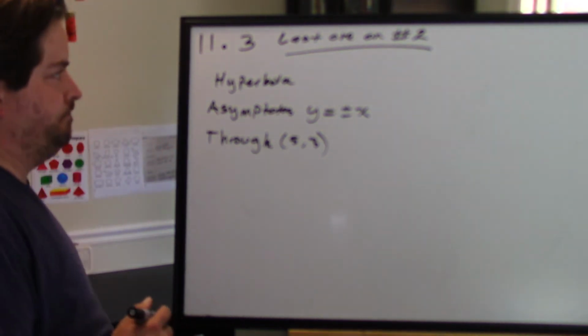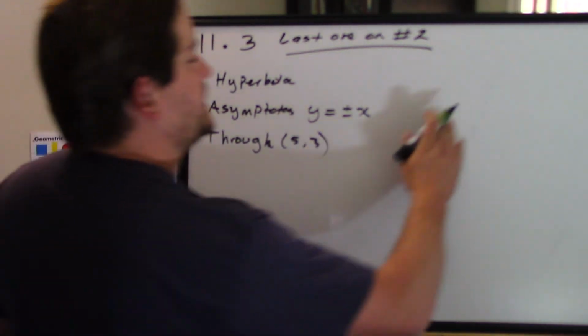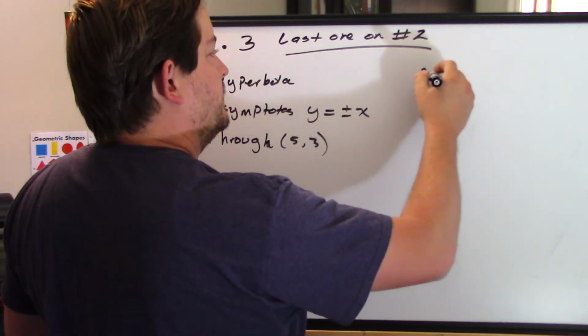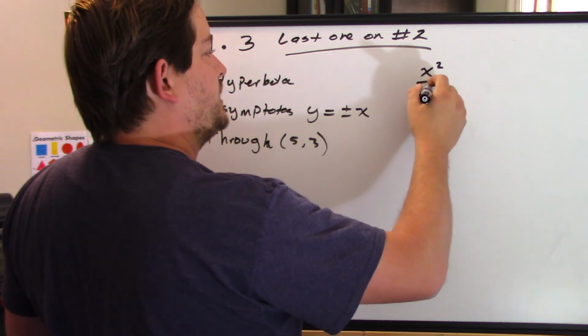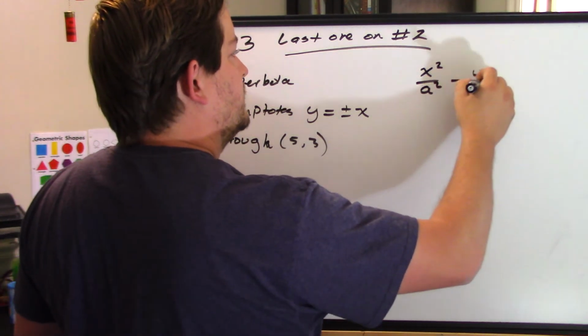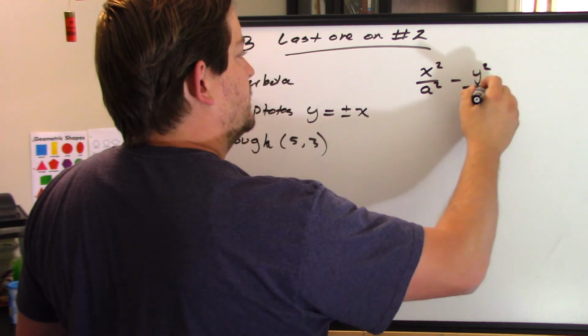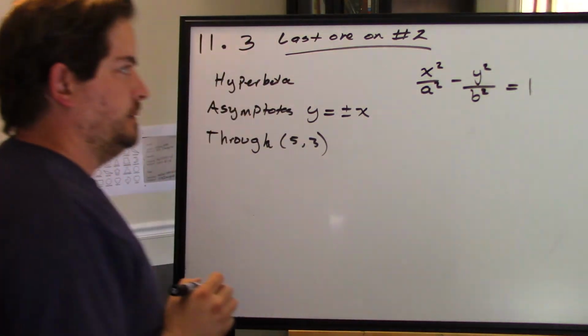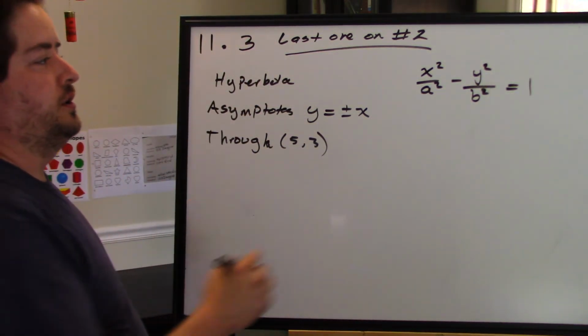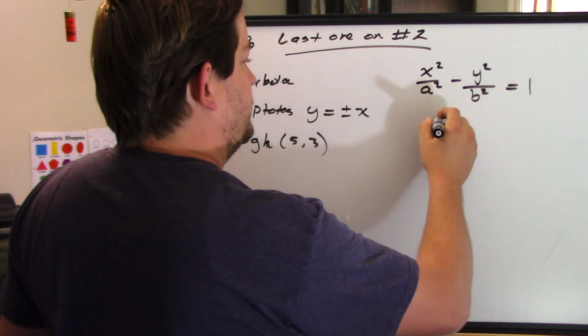So it's a hyperbola. That means I have one of 2 formulas or equations. Okay, got that one. Or I've got this one.